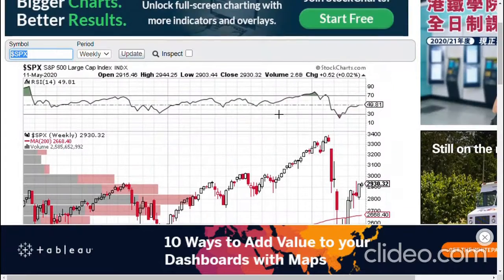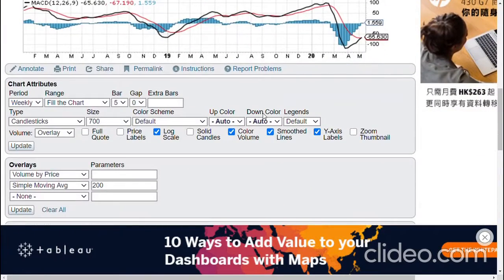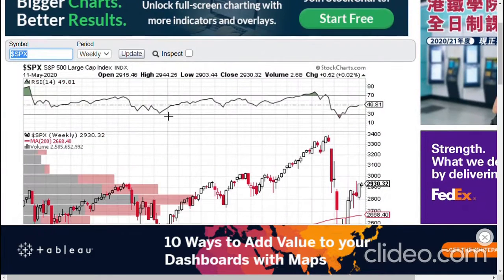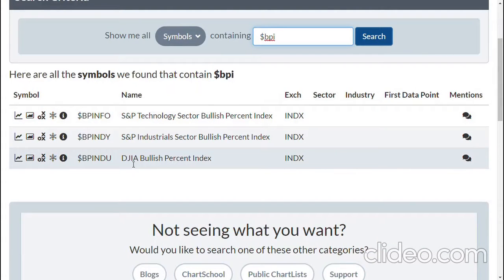Okay, and we can also look at the so-called BPI index. There are several of them. I will choose the Dow Jones Industrial Average.